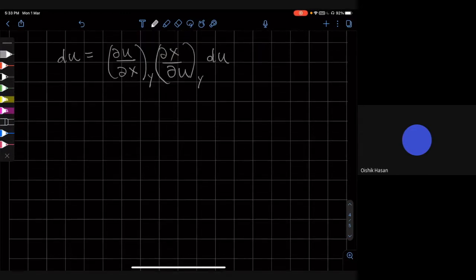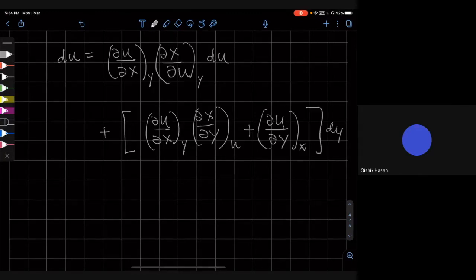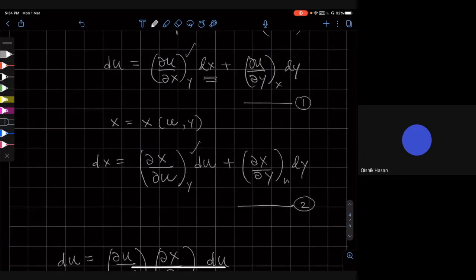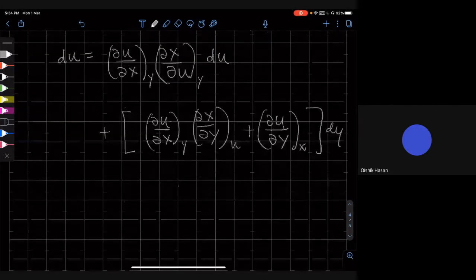And then we get another term, which is (du/dx) at constant y times (dx/dy) at constant u, plus (du/dy) at constant x, multiplying dy.